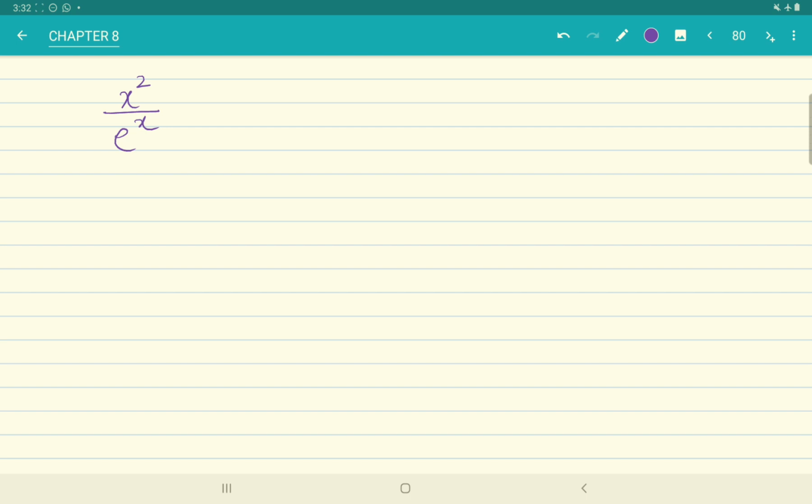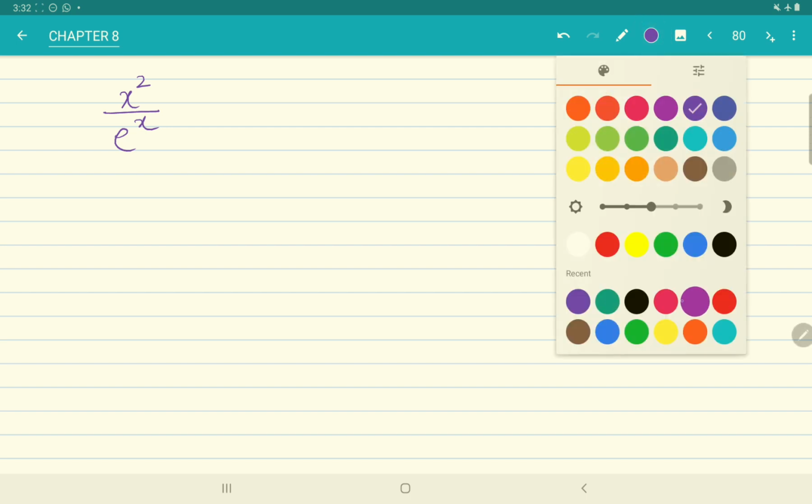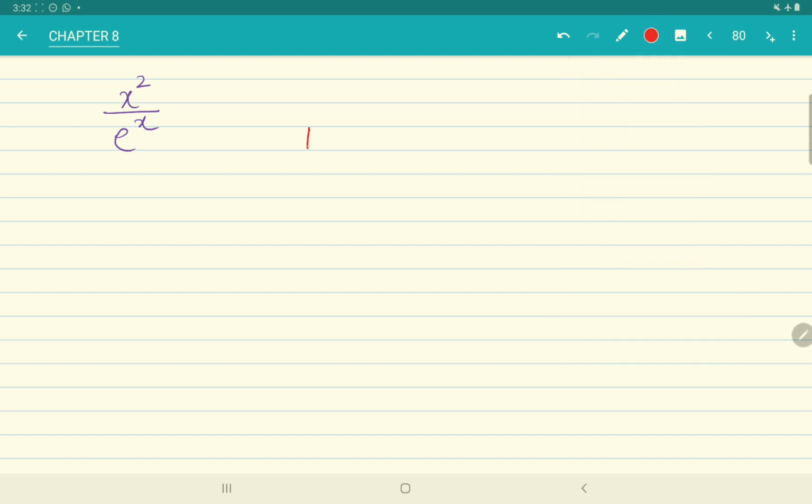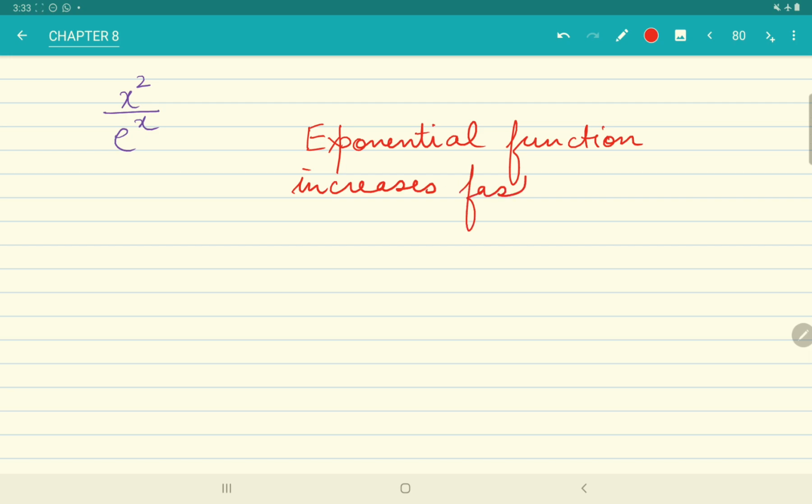So the point to note here is that the exponential function increases faster than any power of x.